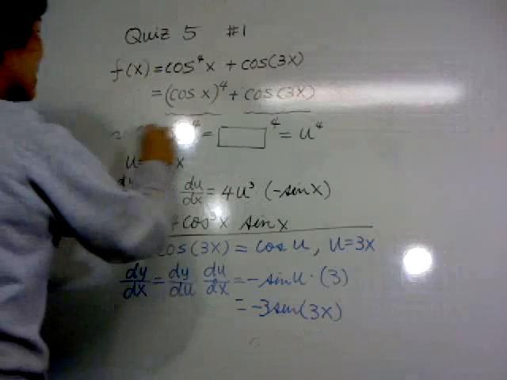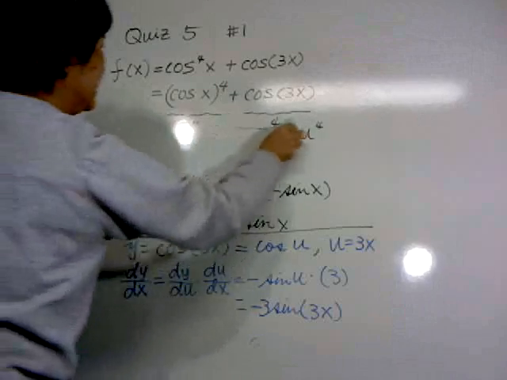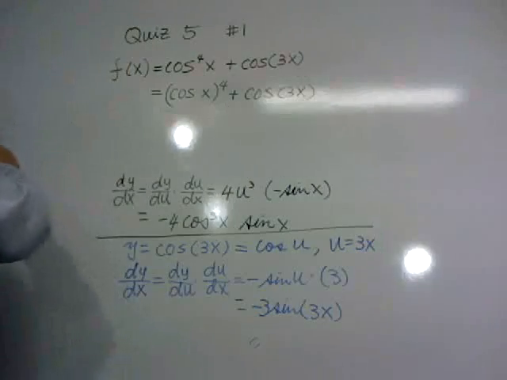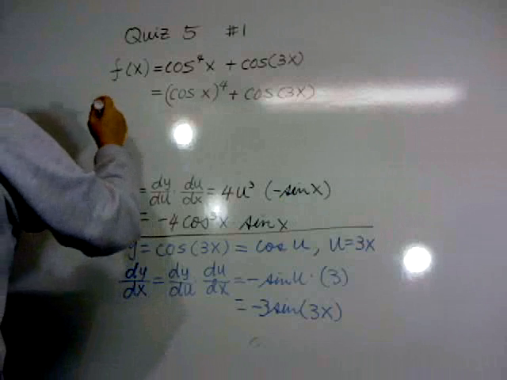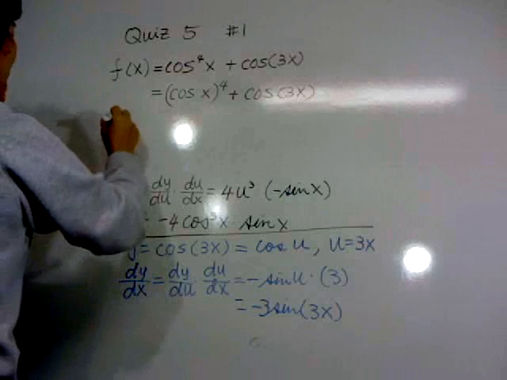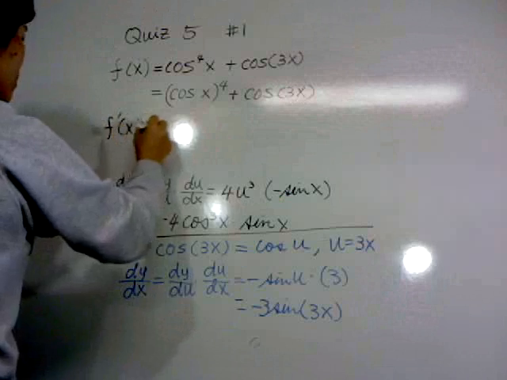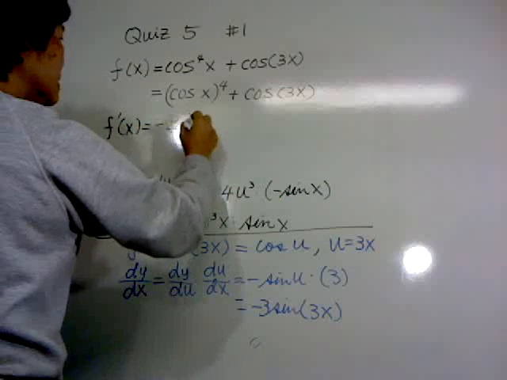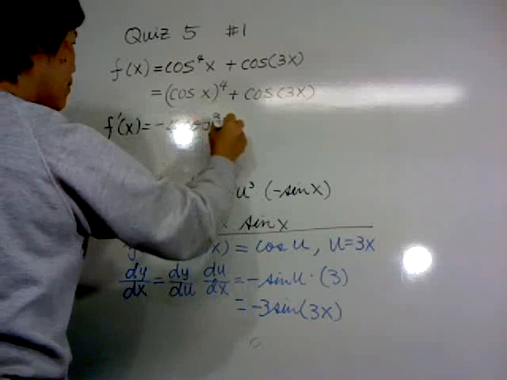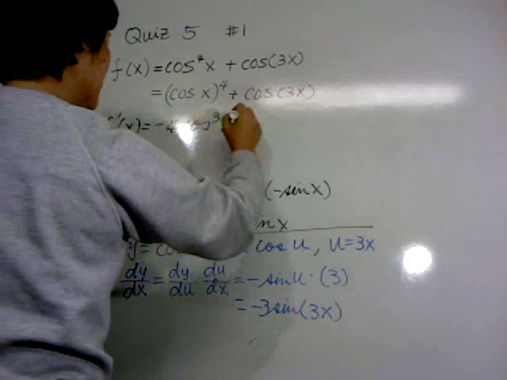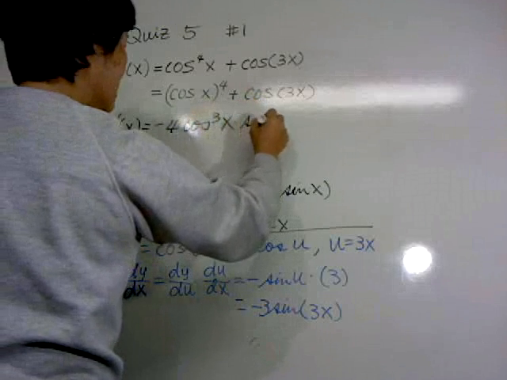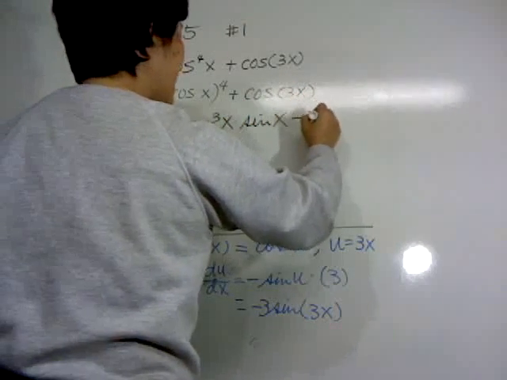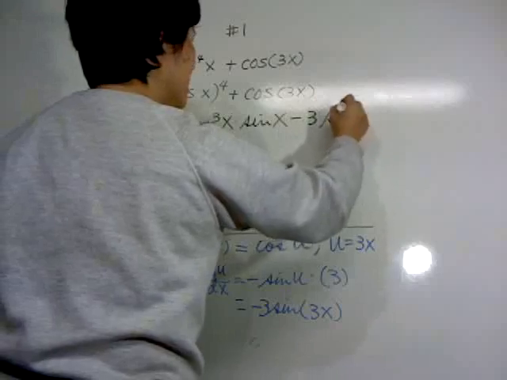Therefore, we can say now what? The derivative of f of x, which is f prime of x, equals the first one, negative 4 cosine to the third power of x times sine x, and then subtract 3 times sine 3x.